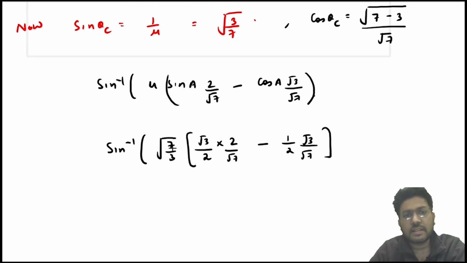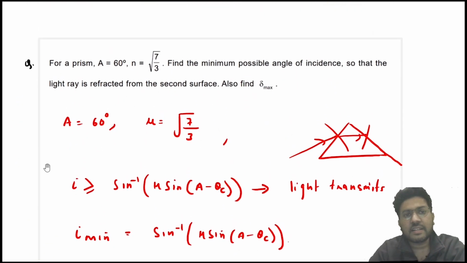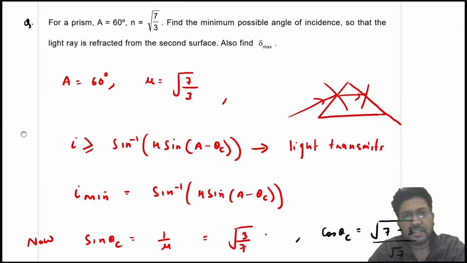Clearly you can see that root 3 cancelled and root 7 also cancelled. So you will get this is equal to sine inverse 1 minus half, that is half, and that is equal to pi by 6 or the 30 degree. So that means if I is greater than 30 degree, then light will emerge. So the minimum possible value of I is 30 degree, right?